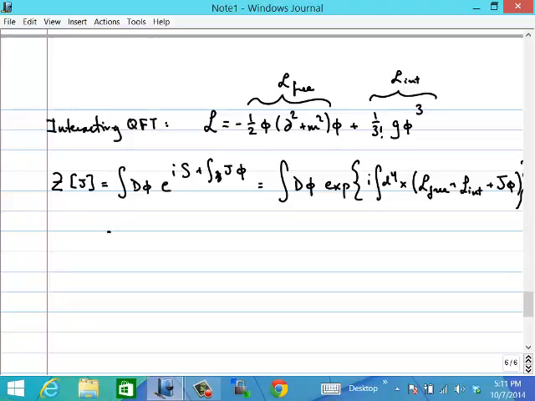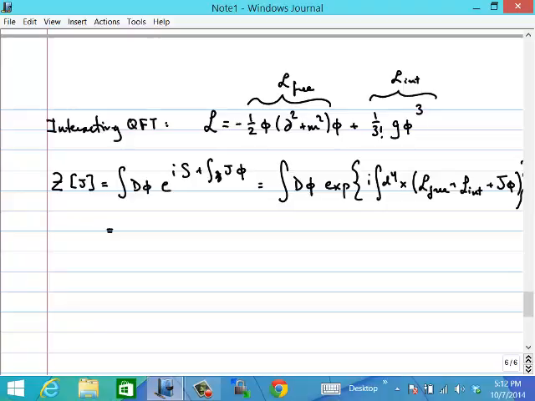So let's now imagine studying this when the coupling constant g is very small. In that case, what we would do is expand the exponential. You would have e to the i integral of g times phi cubed, and you would write that as 1 plus i times the integral of g phi cubed, plus 1/2 times the integral of g phi cubed, squared, plus so on and so forth.